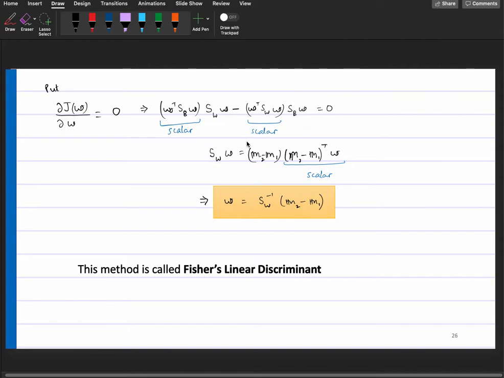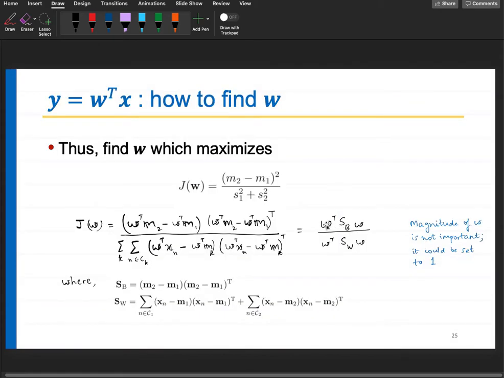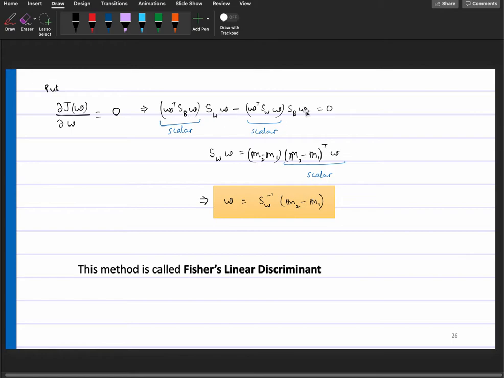That's why I've given up the denominator, only the numerator is written. The other part was W transpose SW W. The derivative of this will be twice of SW W, and the 2 I've again given up. So SW times W remains.